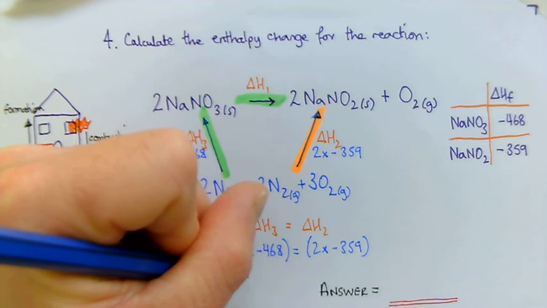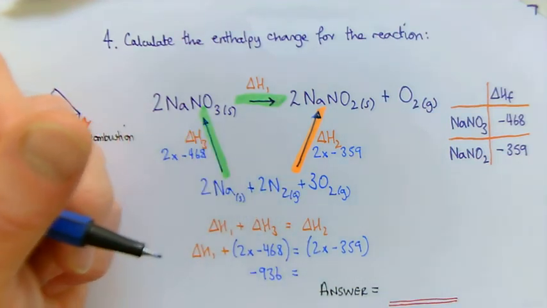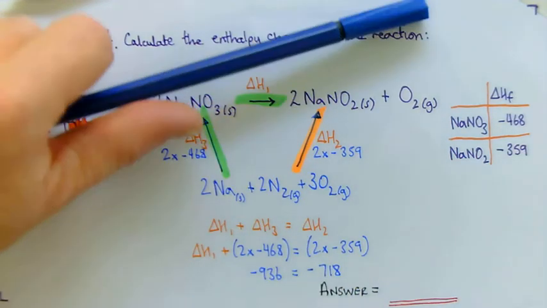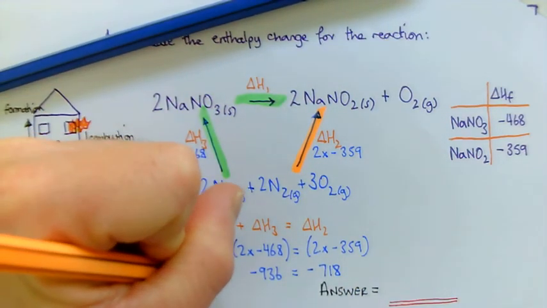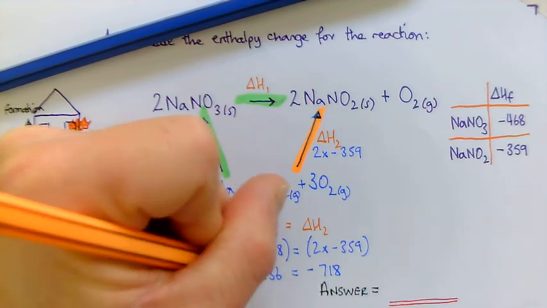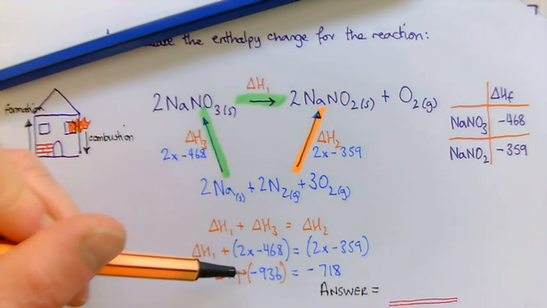So minus 936 and minus 718. So delta H1 plus minus 936. So plus a minus is a minus.